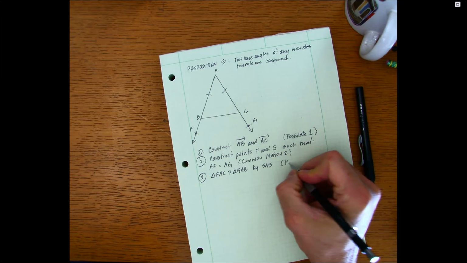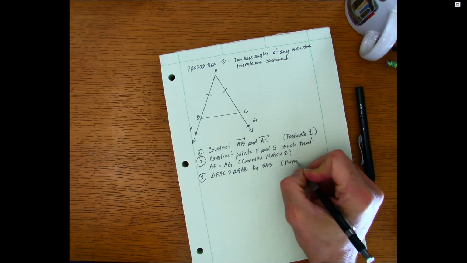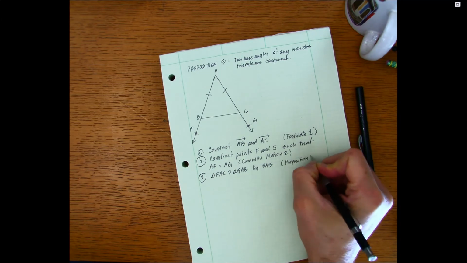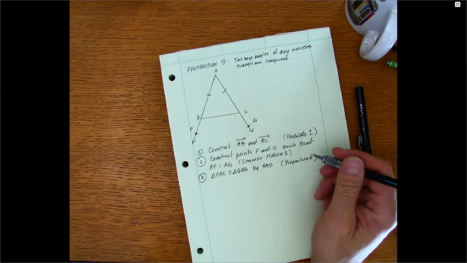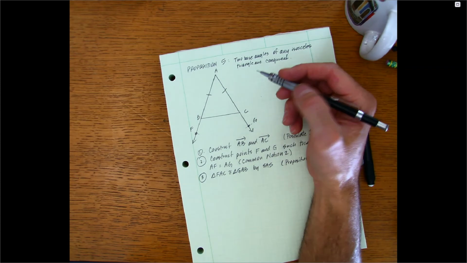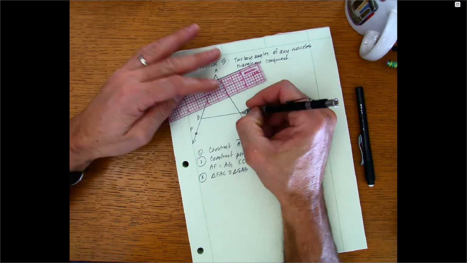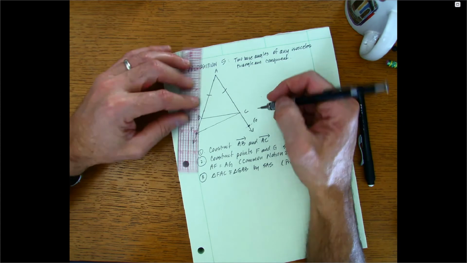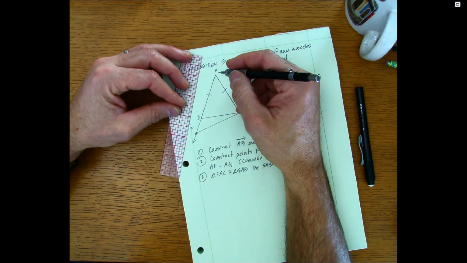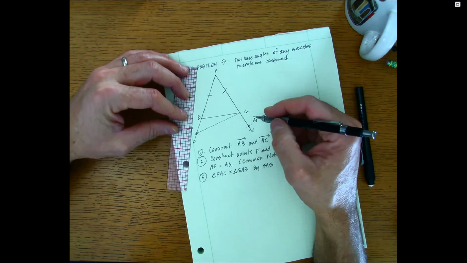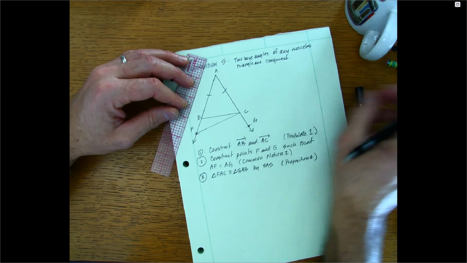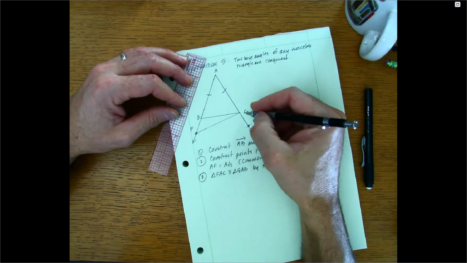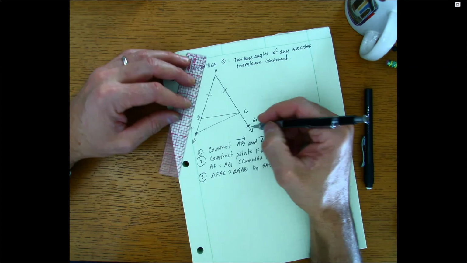It's proposition 4. So let's just think of that. AFC, and AGB, or I think I have it. Oh, I see. So it's FAC, and so it would be GAB. Yep.